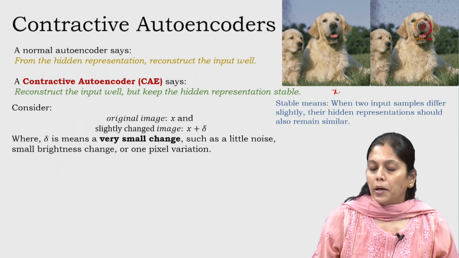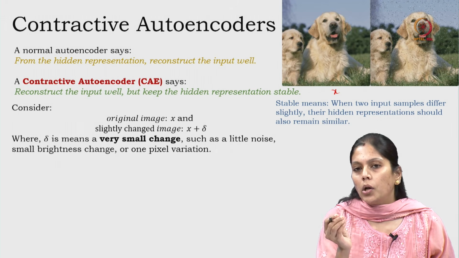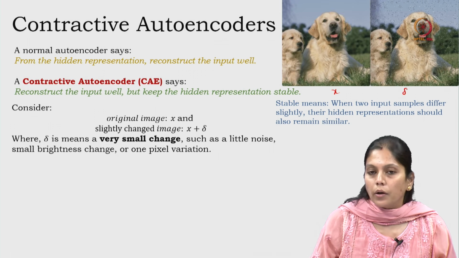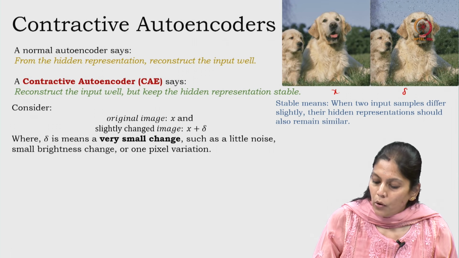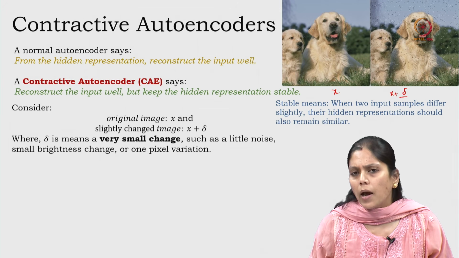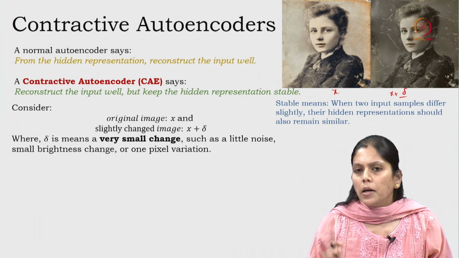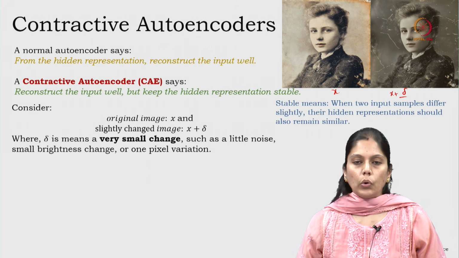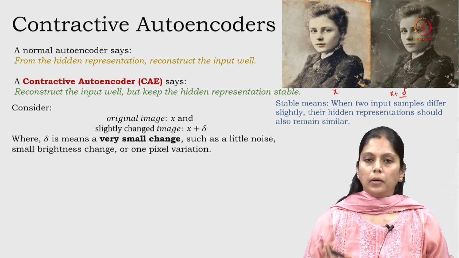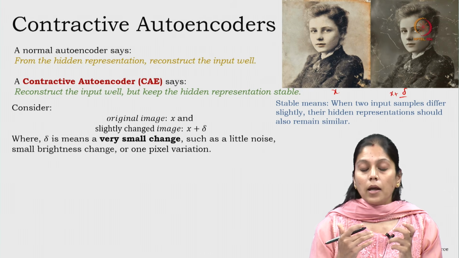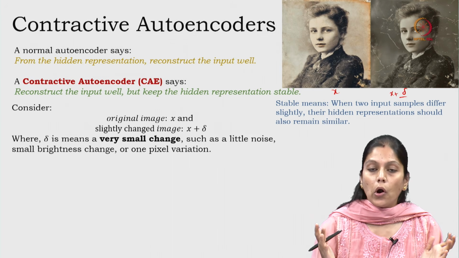To this original input, we have added a small change. That small change is denoted with this particular term. For the original input, there can be a small noise that is added, or it can be a change in the brightness. So, if you have an input which is slightly varying, then their hidden representation should not differ much.